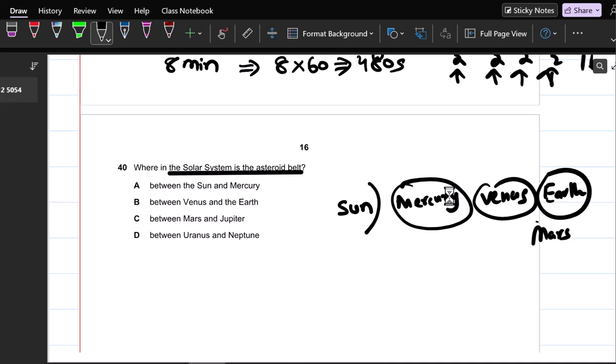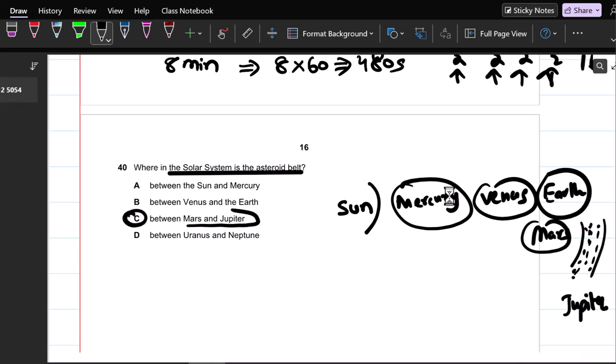After Mars, there is a belt, the asteroid belt, and then you have Jupiter. So my very excellent mom just served us nuggets. You can remember this. So it will be between Mars and Jupiter. So C is right.